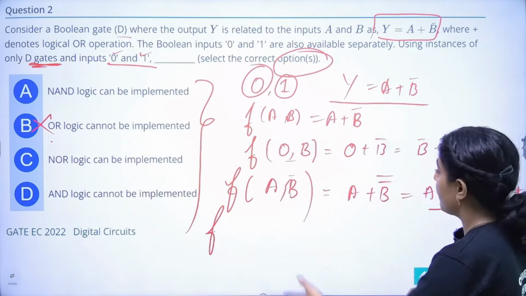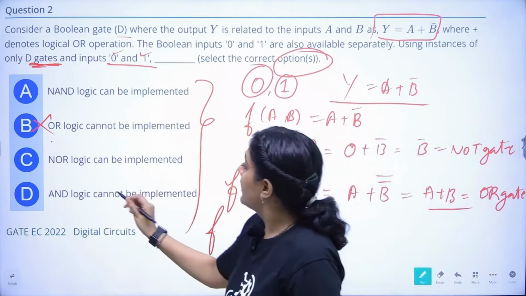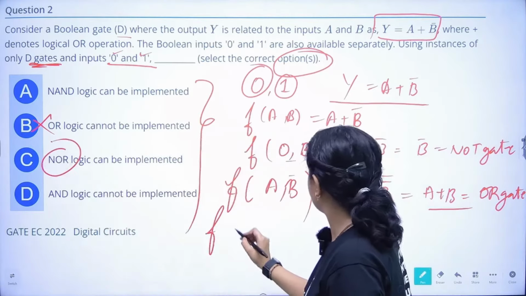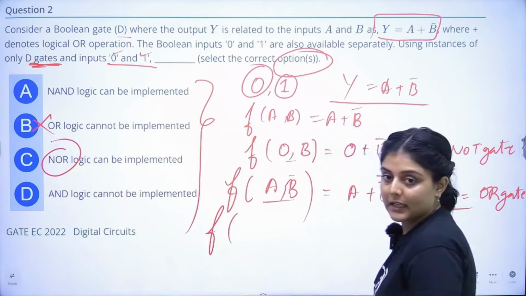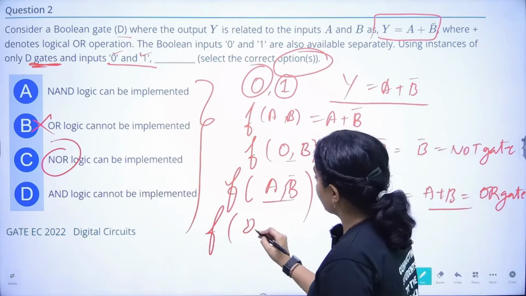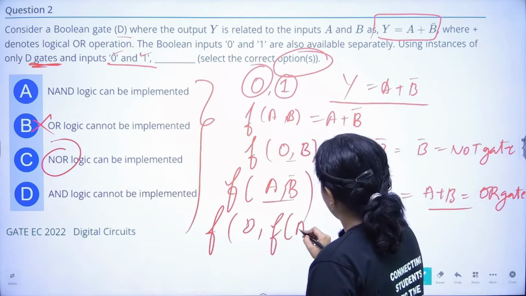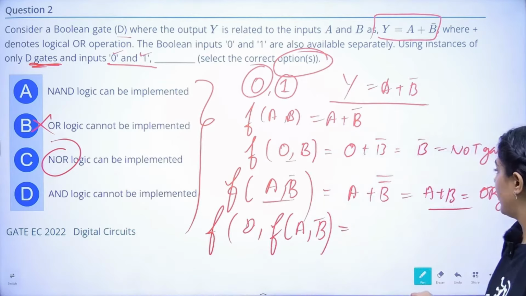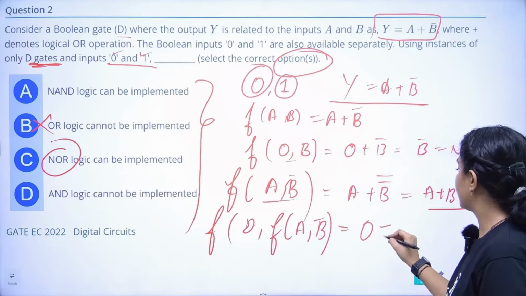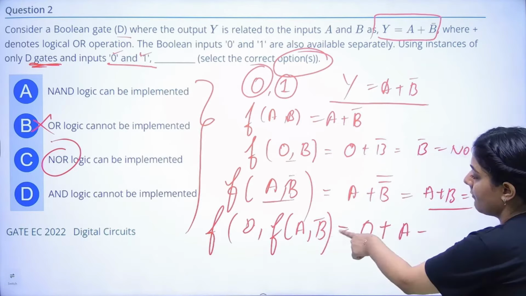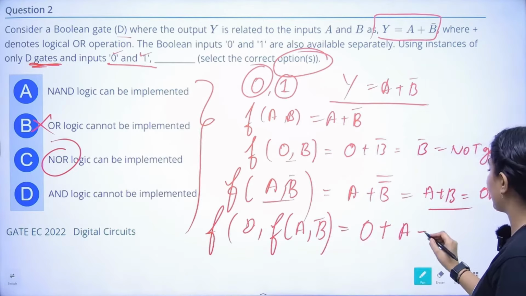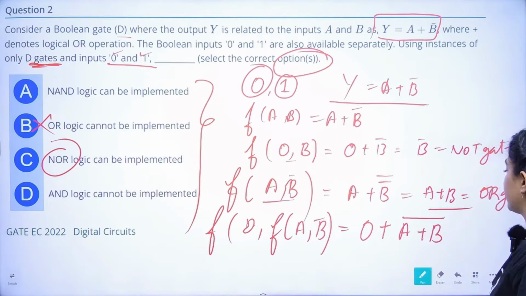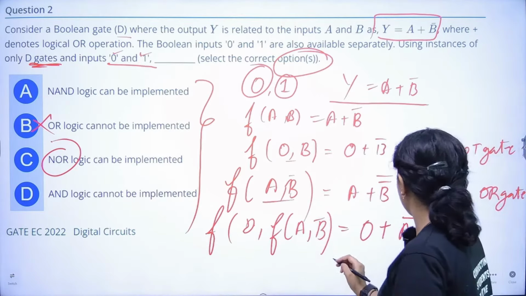So we have to make NOR also. So how can we implement it from this? We can implement OR from this, and we can easily implement our NOR gate. So this will be 0. A, B bar is giving us A plus B. So this will be your output for this type of function.